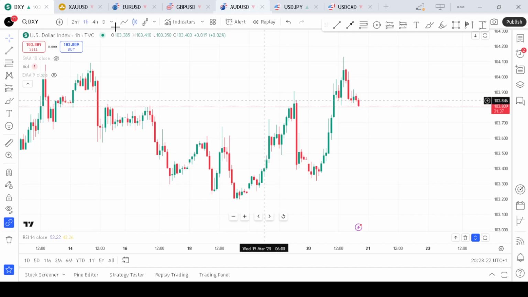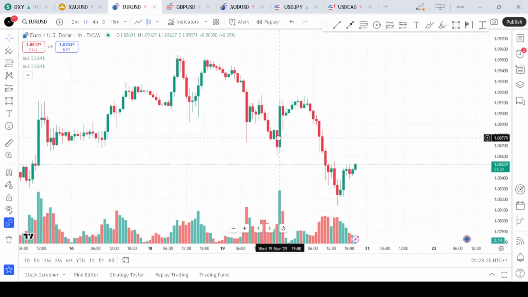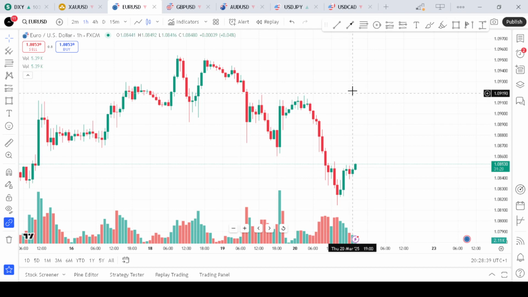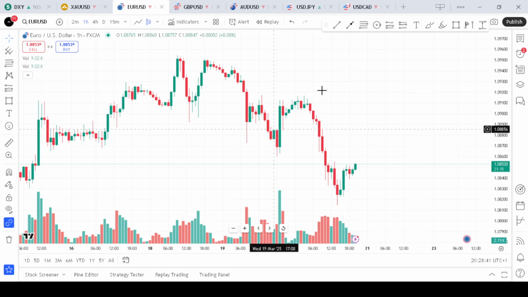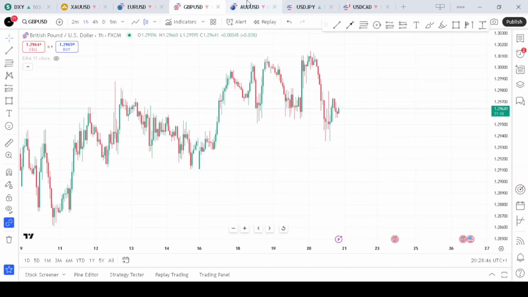The next step is to determine the position size for each pair in your basket. A common approach is to allocate equal risk across all pairs. For example, if I am to risk 2% of my trading capital on this basket, you might want to risk 0.67% on each of these three pairs.